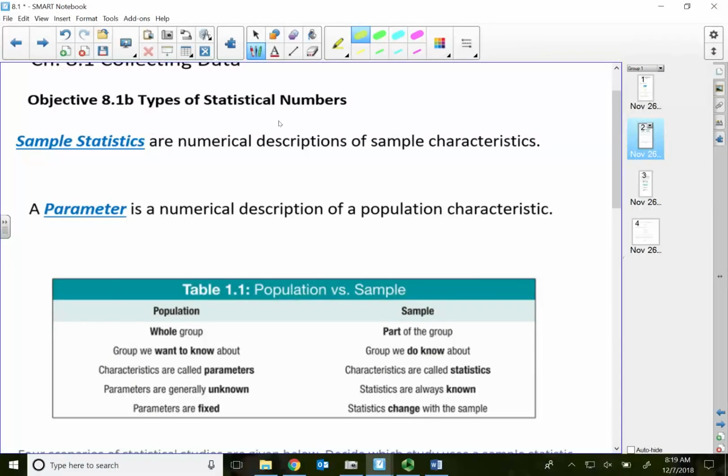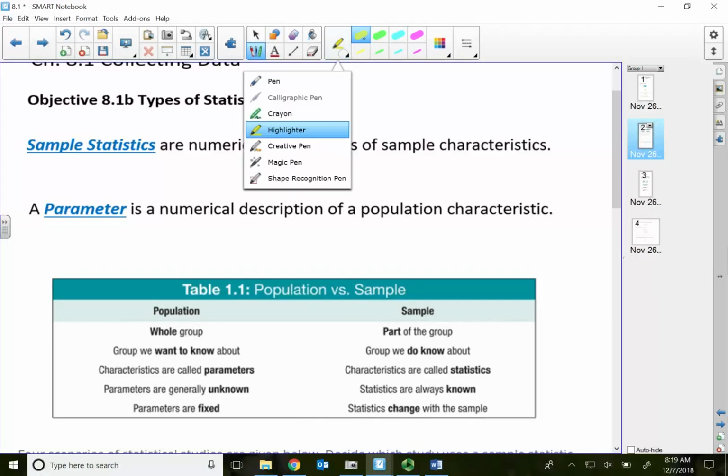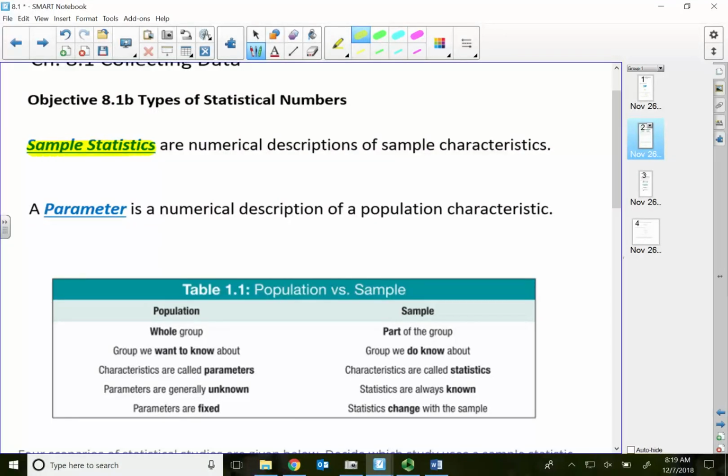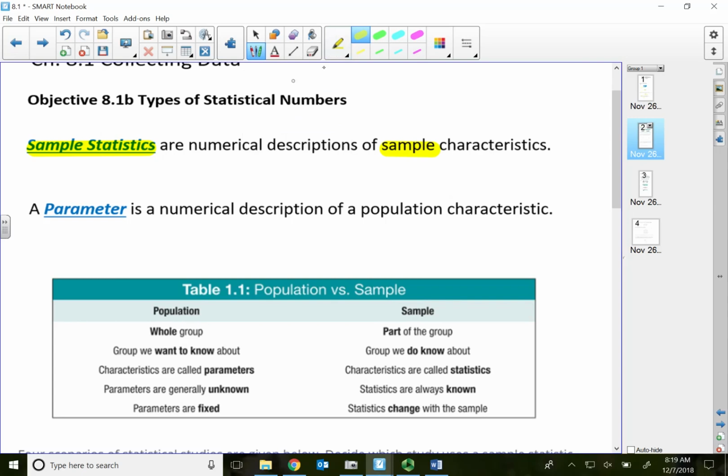All right, types of statistical numbers. The word sample statistics refers to the numerical description of a sample characteristic. Sample statistics are for samples. So what kind of numerical value or description are these?